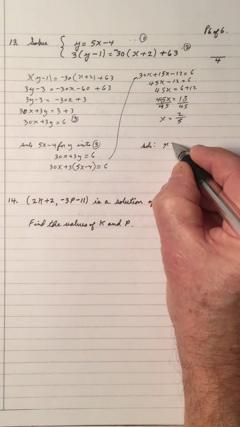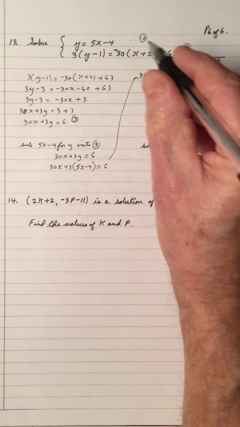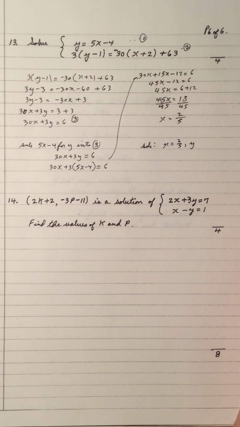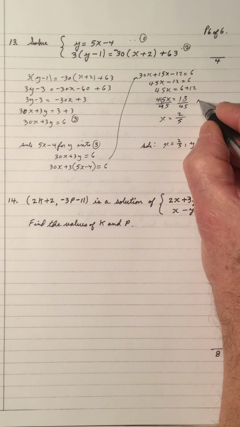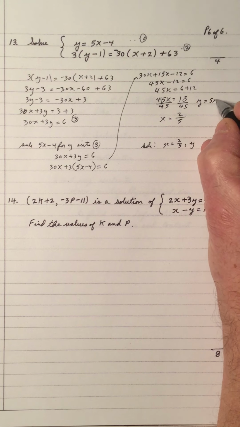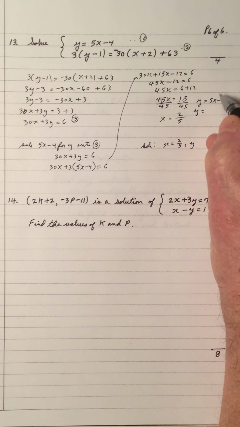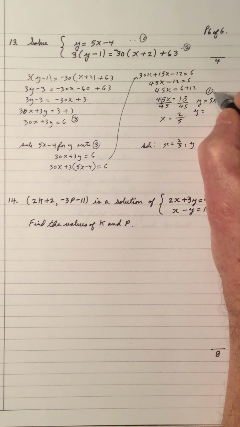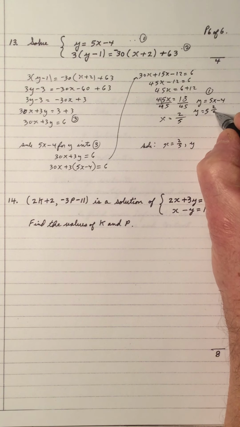X is 2/5 and y is, oh, we don't have a y. So I got to go and sub back in to get my y. So y equals 5x minus 4. x is 2/5. So I'm subbing 2/5 into number 1.